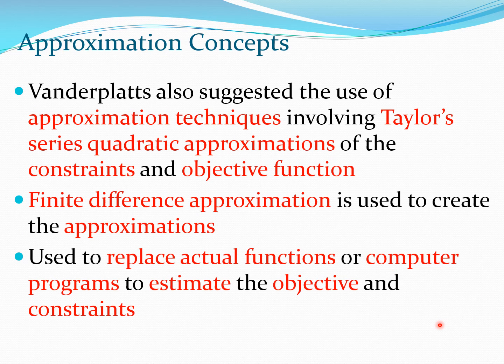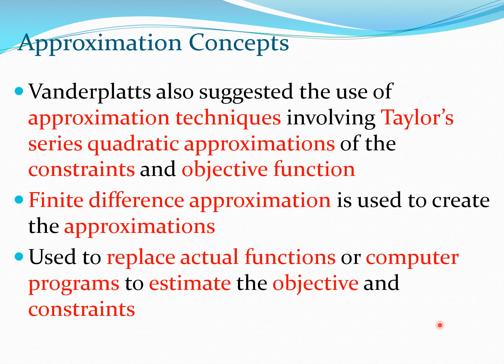Now, one more important technique in optimization would be to not use the actual objective function and constraints, but some kind of Taylor series approximation. We have seen some of that concept in the sequential linear programming problem, in the quadratic programming problem, and so on.